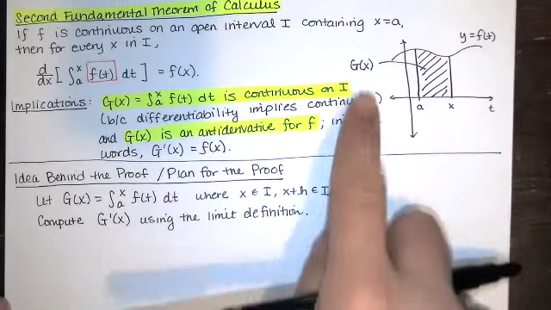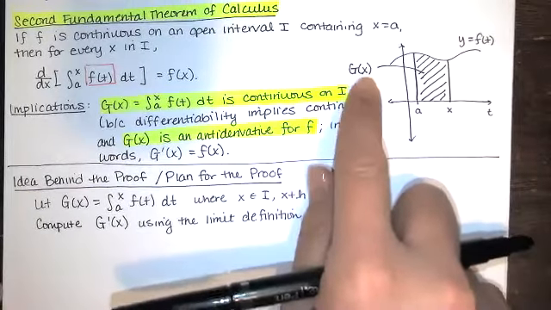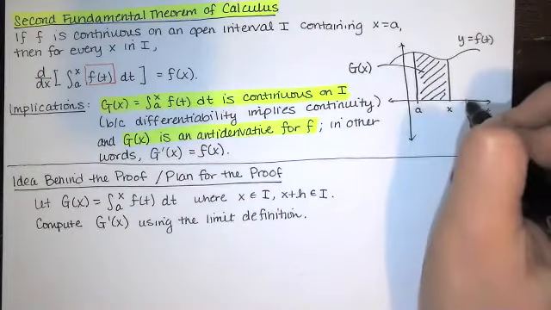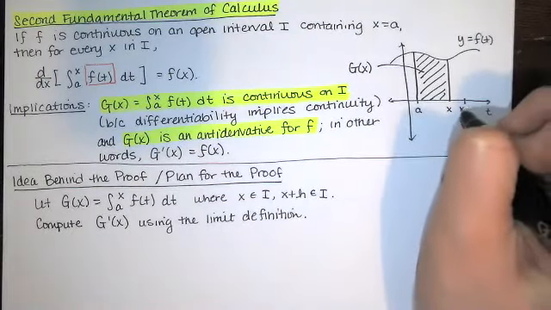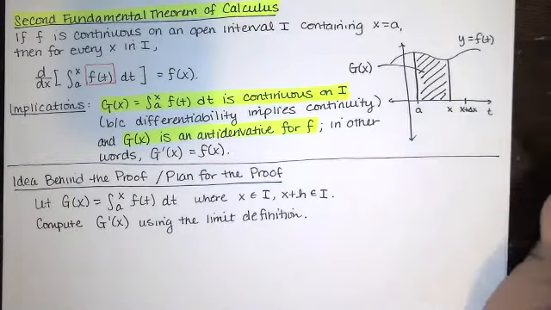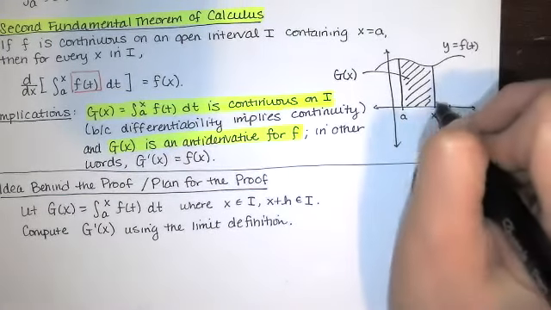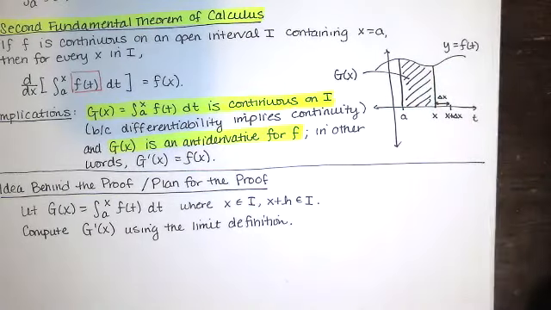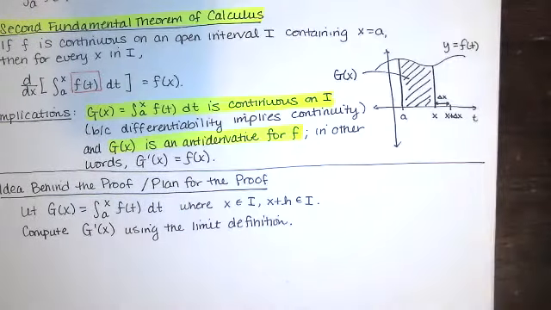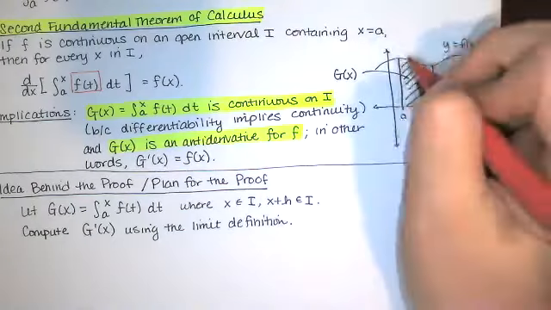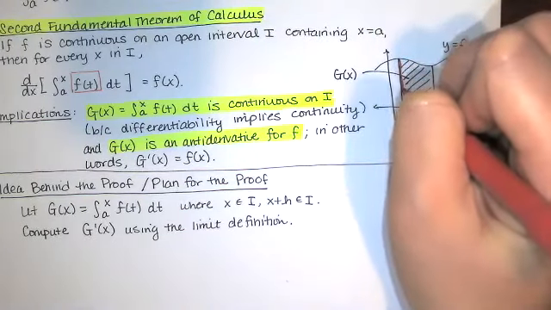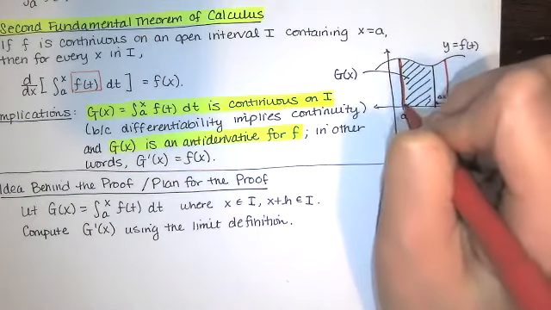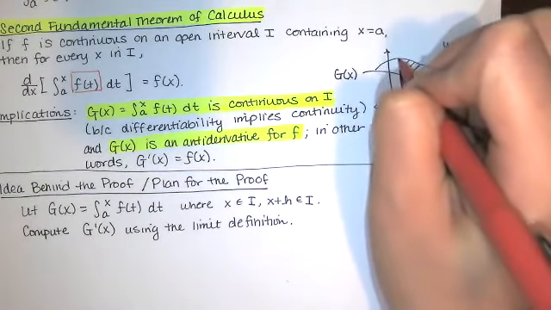When I evaluate g of x here and then g of x plus delta x, so there's my x plus delta x, where delta x is positive. They've got that width right there. g of x plus delta x looks like this. It's the area under the curve, but it's just a little bit more.